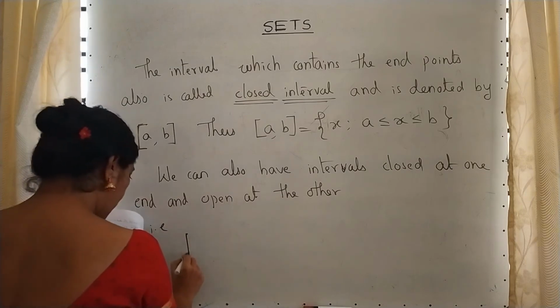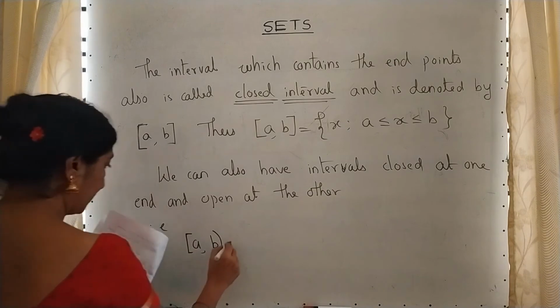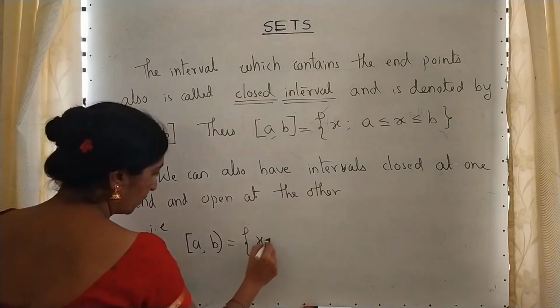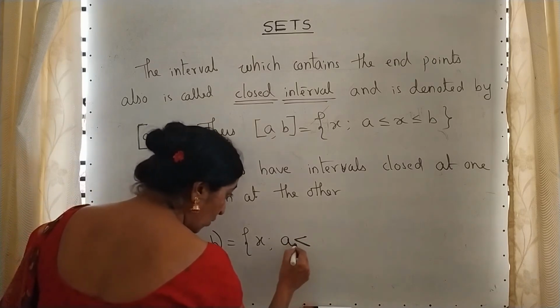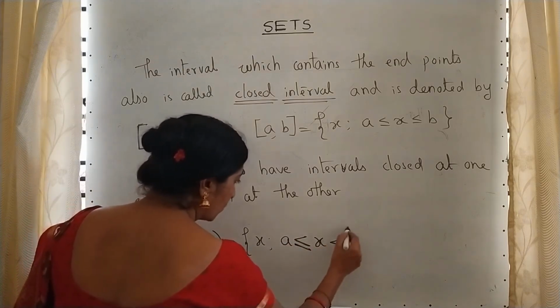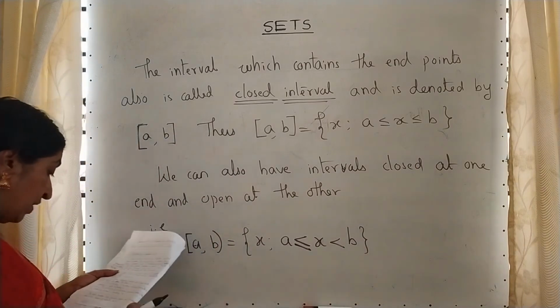For example, if it is closed on the left side and open on the right side, how do you write it? x such that we are taking A, A means two symbols, less than or equal to x, and this is only less than B. See, if you write slowly, you come to know this.